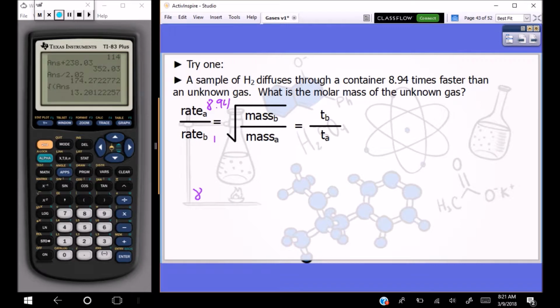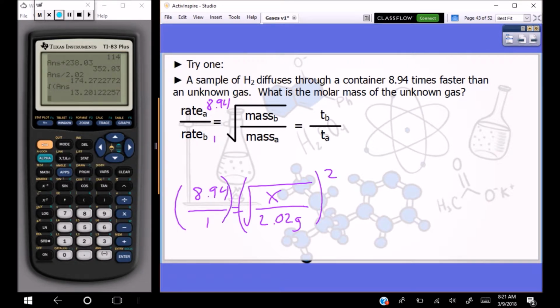Okay, 8.94 over 1 is equal to the square root of x over 2.02, because I'm looking for mass B, and 2.02 is my hydrogen. If I square both sides, I get 79.9236, and that's equal to x over 2.02.